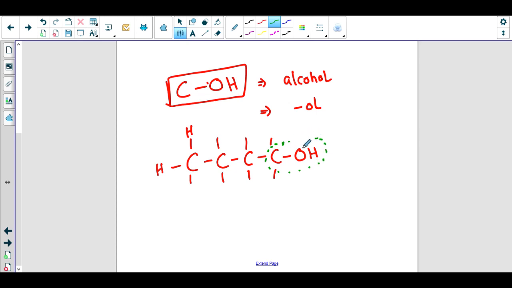Because oxygen is now there, this cannot be a hydrocarbon, since a hydrocarbon is based only on carbon and hydrogen. Which family is it? You need to remember this: when a carbon is bonded with OH, it's the alcohol family.